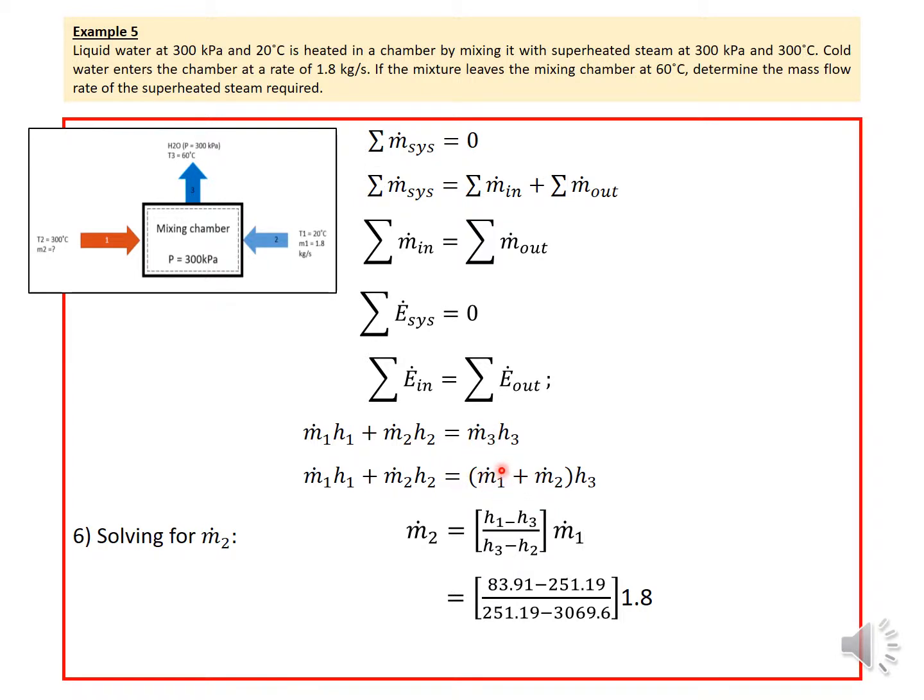This is because point 3 is the flow of water mixed from point 1 and point 2. So m3 equals m1 plus m2. We rearrange the equation and we get this one. As we get this, we can substitute all the values. So the mass flow rate at point 2 equals 0.17 kg per second.